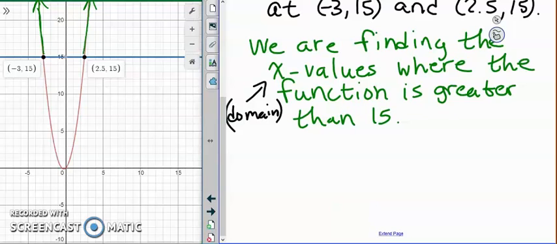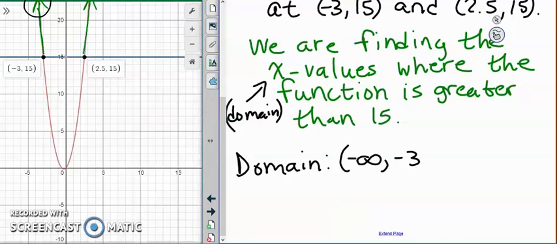Our domain for this function will be from negative infinity, because we have an arrow here, to -3, and 2.5 to positive infinity. So we're looking at where that function is going to be greater than 15, and our x values, in other words, our domain.